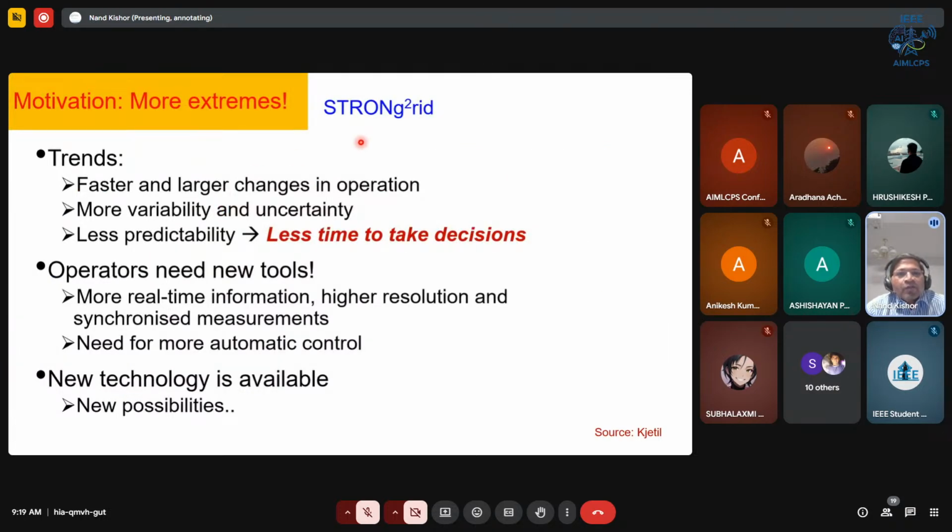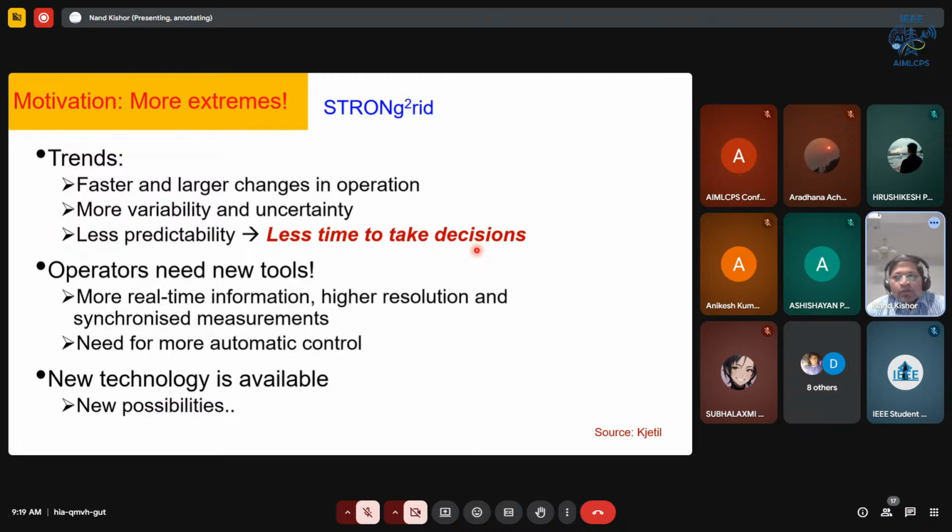The motivation for this project was that we had been monitoring some scenarios, and there was a need to handle faster and larger changes in the operation. That was the trend. There was variability and uncertainty in the grid systems, and this led to less predictability, so we have less time to take decisions.